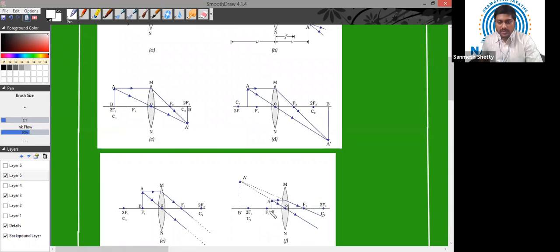We can observe that if the object is kept between F and optical center, then only a virtual image is formed. For all the other cases, only a real image is formed. For a convex lens to form a virtual image, the object should be placed between focus and the optical center. Then only the virtual image is formed.